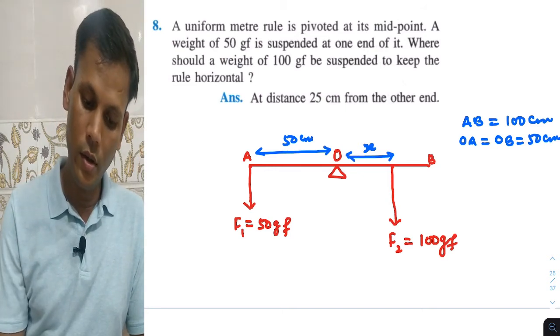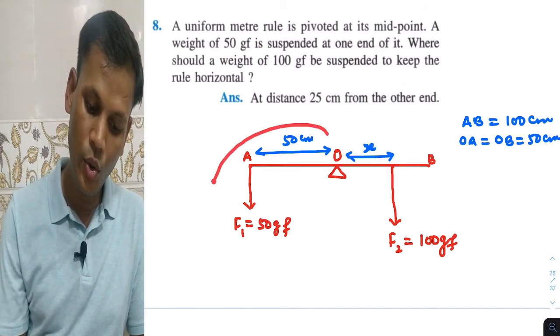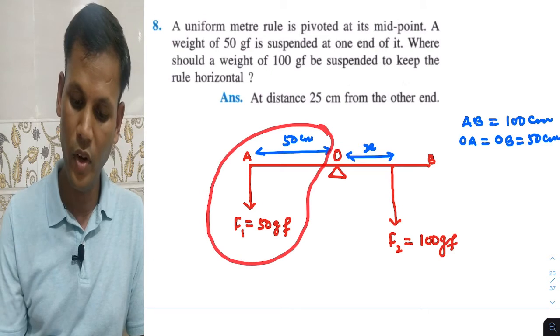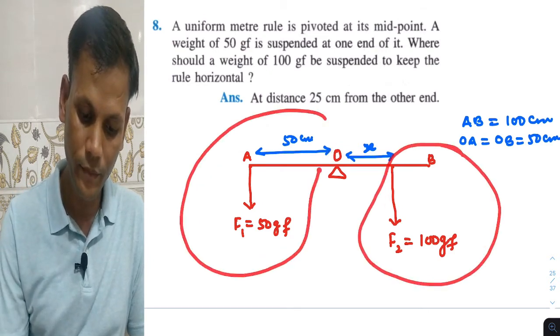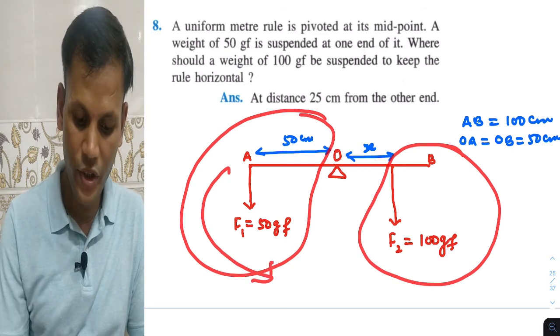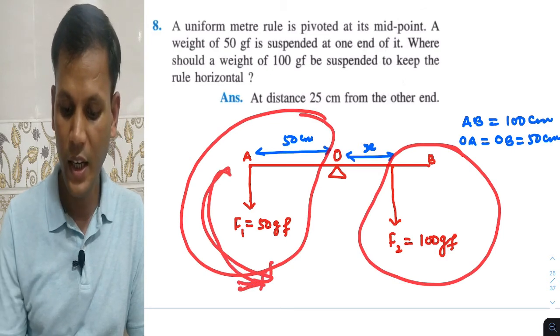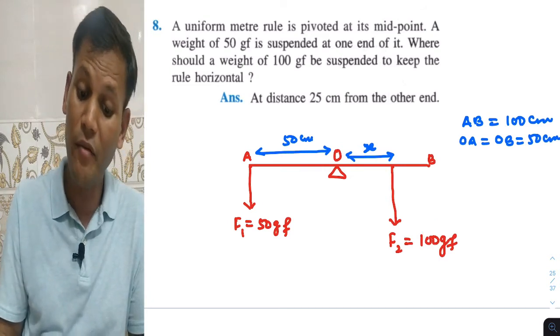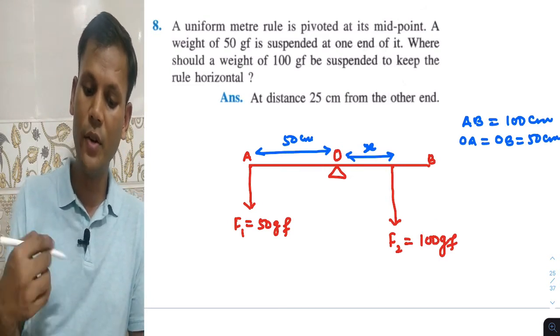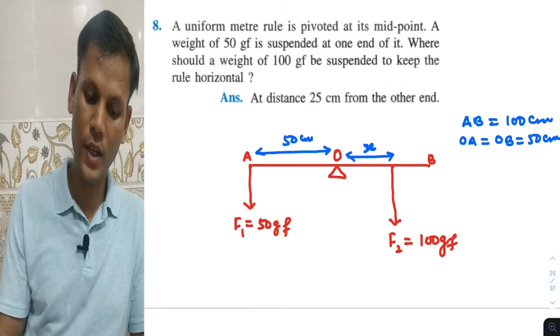So we will have two moments, one is this, another is this. This will provide an anti-clockwise moment, and this will provide a clockwise moment. So again, according to the principle of moments, clockwise moment is equal to anti-clockwise moment.